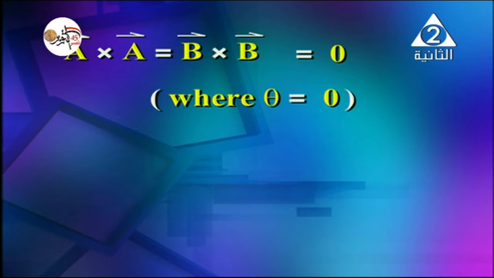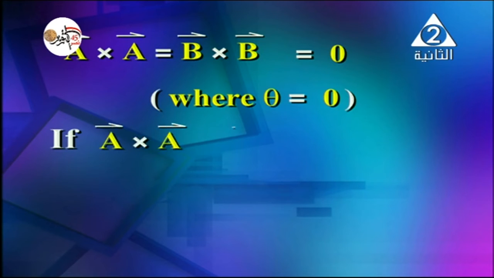Because if we have A vector equal 3, 2, 1 and we find A vector cross itself, it equals norm of the first, norm of the second, sine of the angle between them, which is sine 0, and sine 0 equals 0. Therefore, A vector cross itself equals the zero vector.